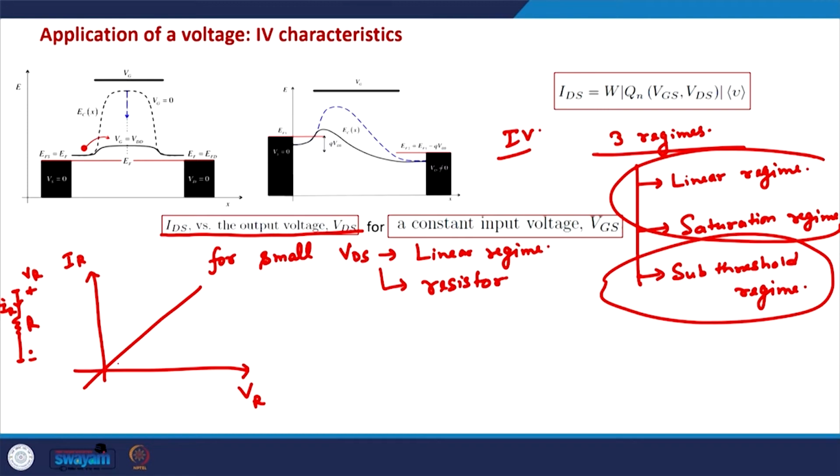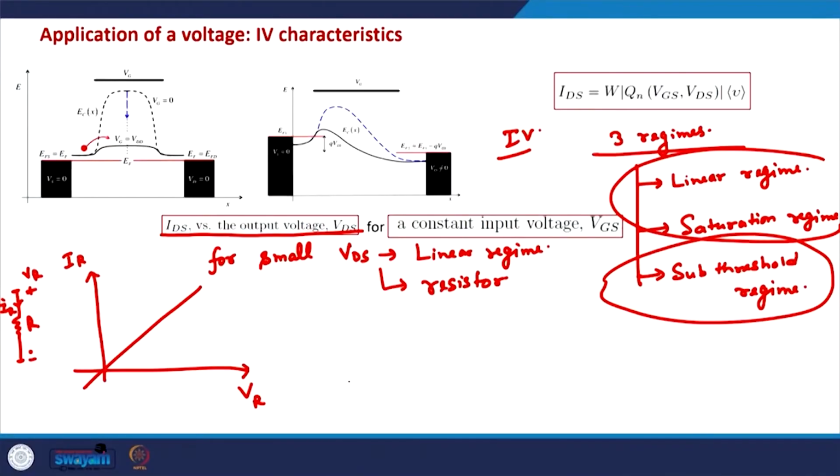So the IV characteristics of a resistance is a linear one. And that is how the IV characteristics of the MOSFET look like in the linear regime, which is the small VDS. So for small VDS, the MOSFET behaves as if like a resistor.